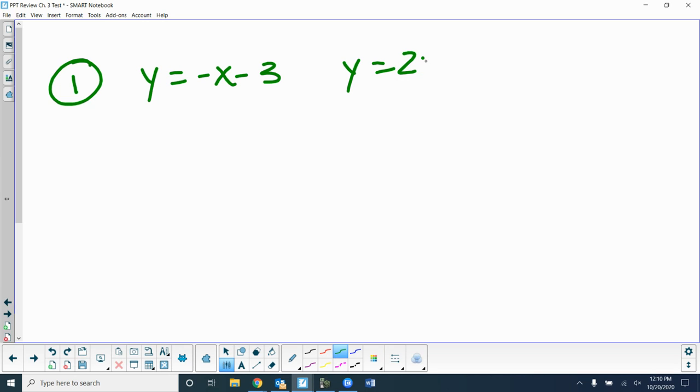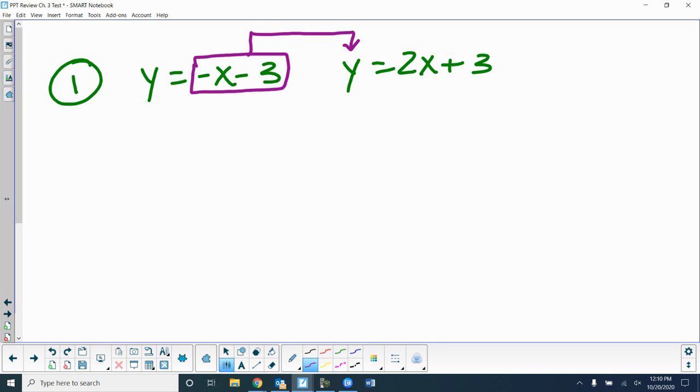When I write these problems down, I always put them side by side when I use substitution. And then for elimination, I put them on top of each other. Okay, so the first step's already done for us. Already got y by itself. So I'm just going to take this y, this negative x minus 3, the left y, and put it in for the right y.